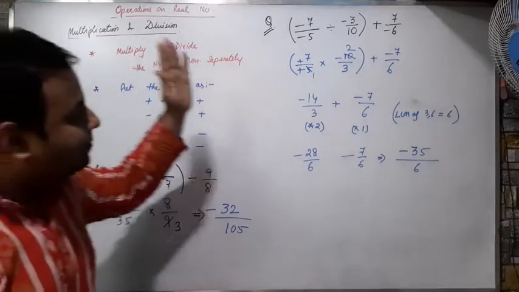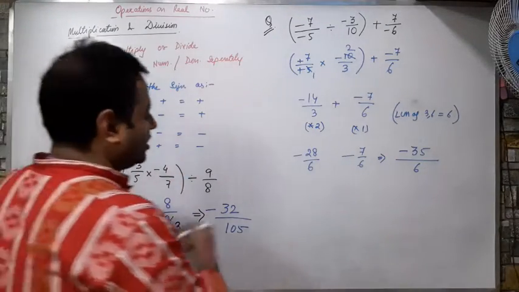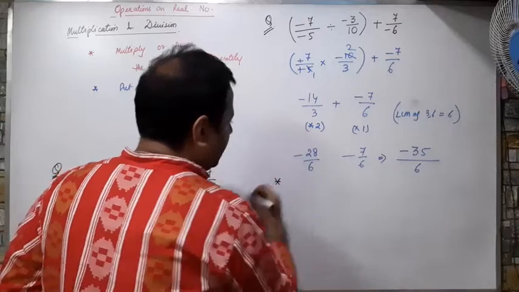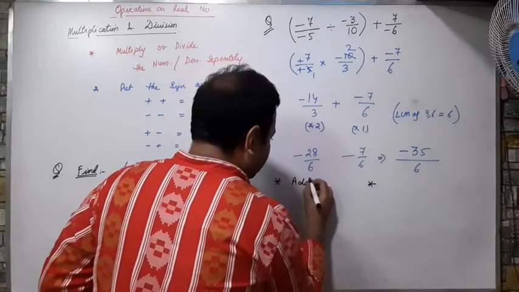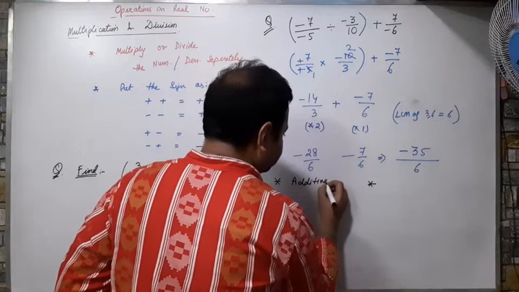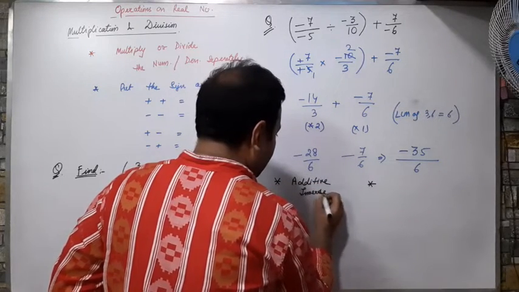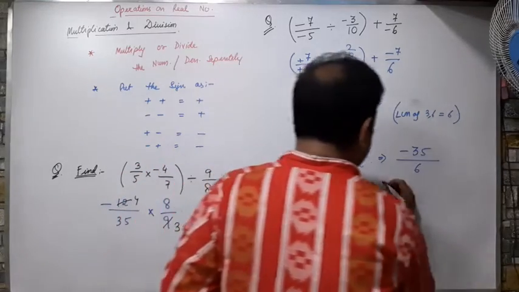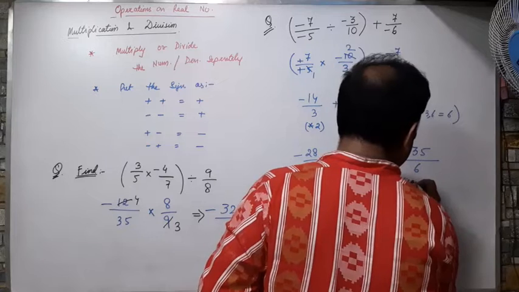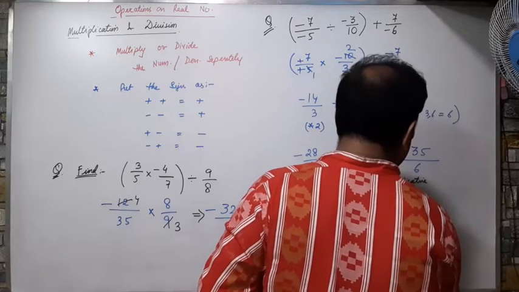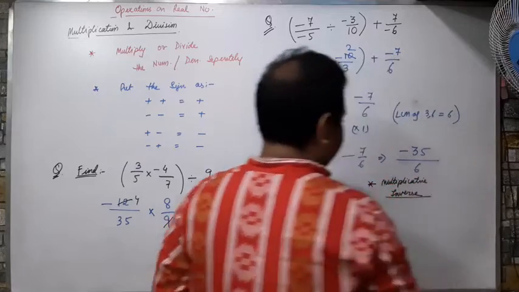Okay, now before moving on to the next topic, I just want to tell you two things. One is called additive inverse, and the other one is called multiplicative inverse.